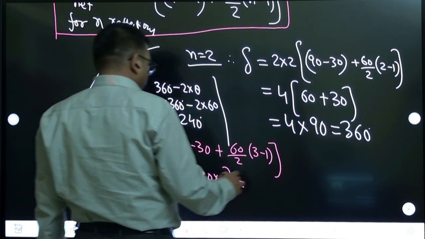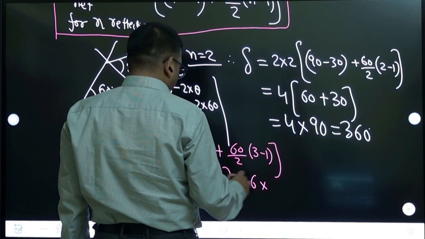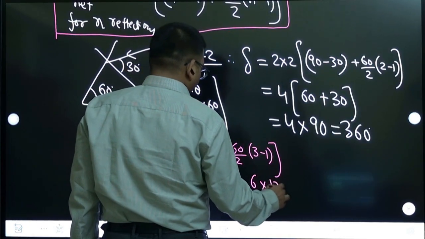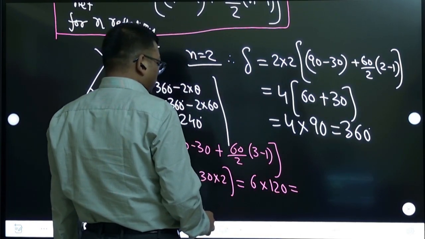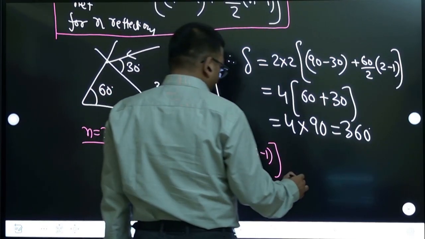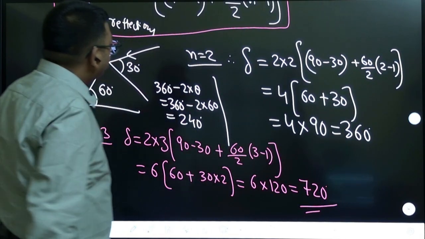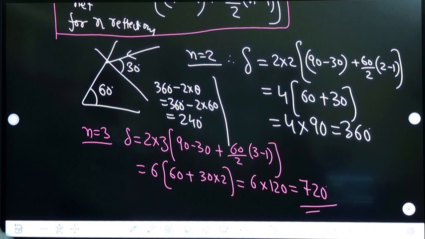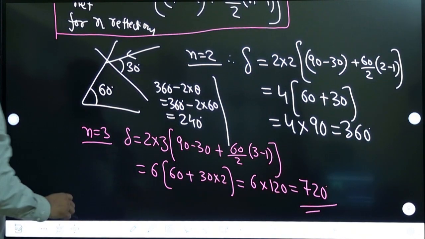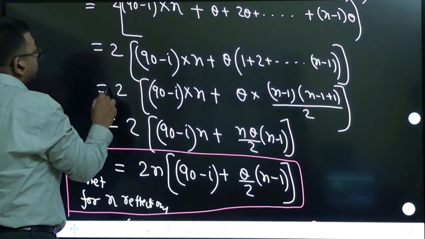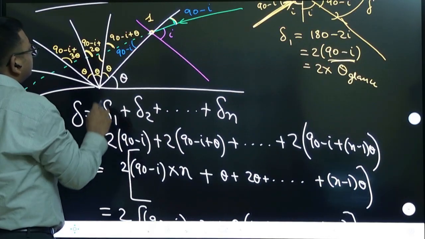So that becomes 6 into 60 plus 60, 120. So 6 into 120 becomes 720. It's a complete rotation. We will check whether this formula is correct or not, but the derivation is the same approach. Same approach we derive.